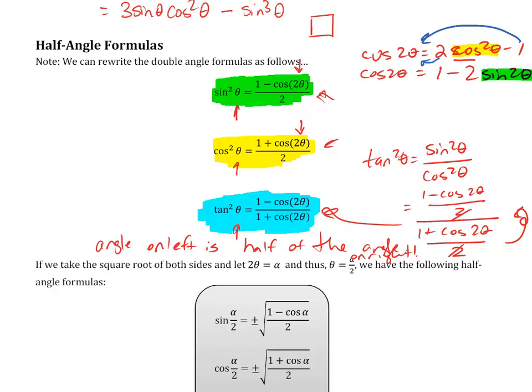So if instead of putting a 2 theta here and a theta here, I put an alpha here and then half of that alpha over here, that formula would still be equivalent. It still means the same thing.